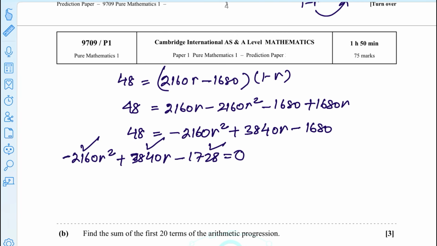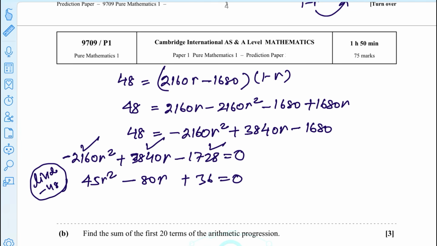If you want to simplify more, divide by minus 48, so that I can make this term positive: 45r squared minus 80r plus 36 equals 0. Using this, I think you'll get r equals 2 over 3 and r equals 6 over 5.